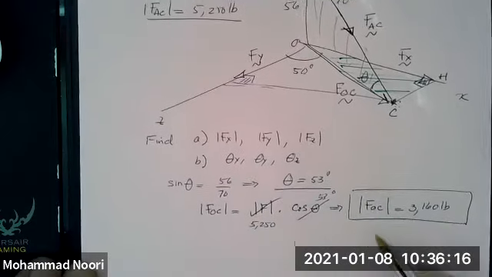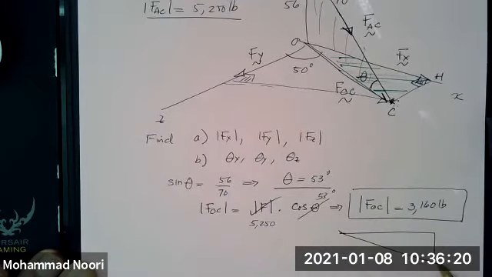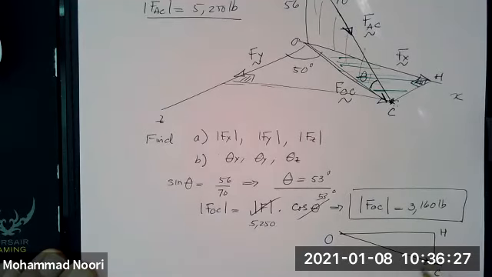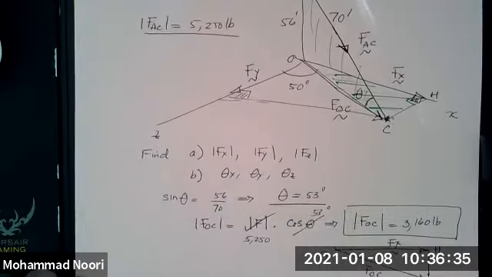Maybe if I redraw that in here. In other words, this is that triangle, HCO, and this is F of OC. And this is F of x. That's what I have drawn in here.